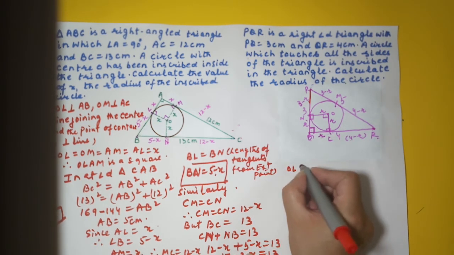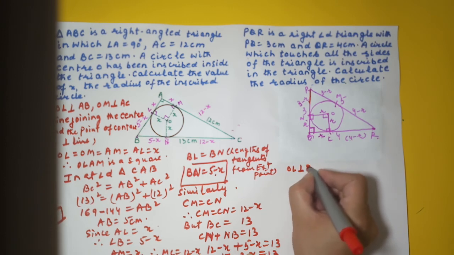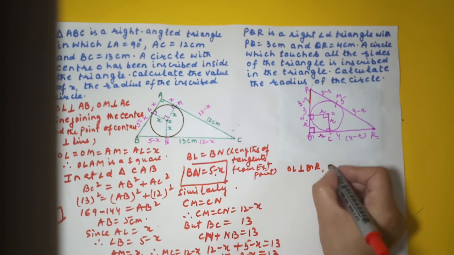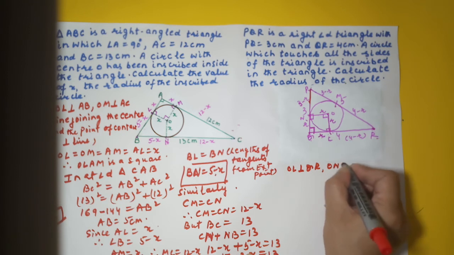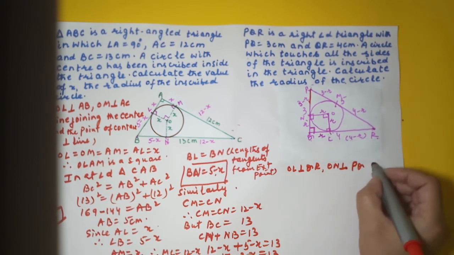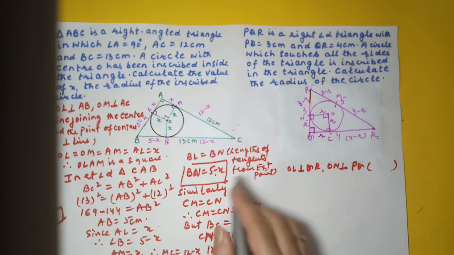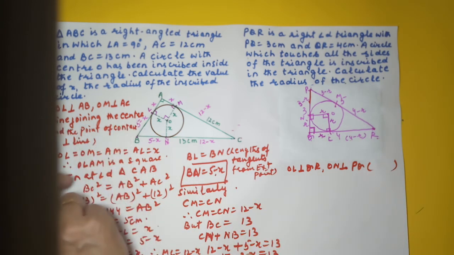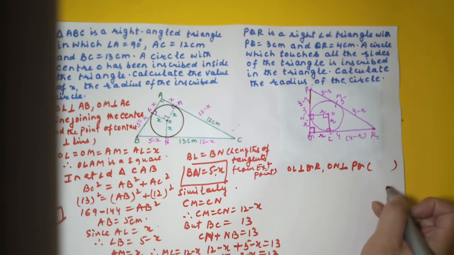OL is perpendicular to QR and ON is perpendicular to PQ. You can give the same reason that we gave here. Line joining the center and the point of contact is a perpendicular line. Fine.